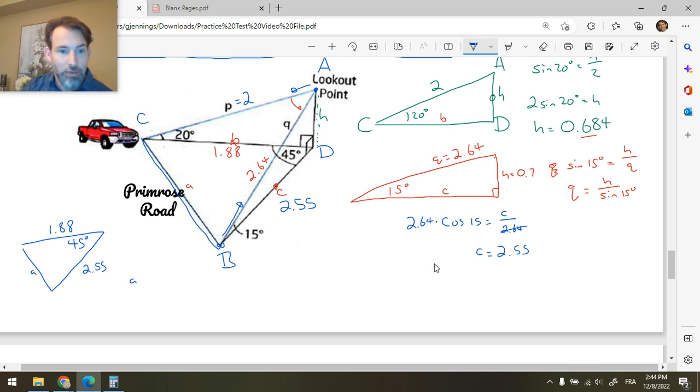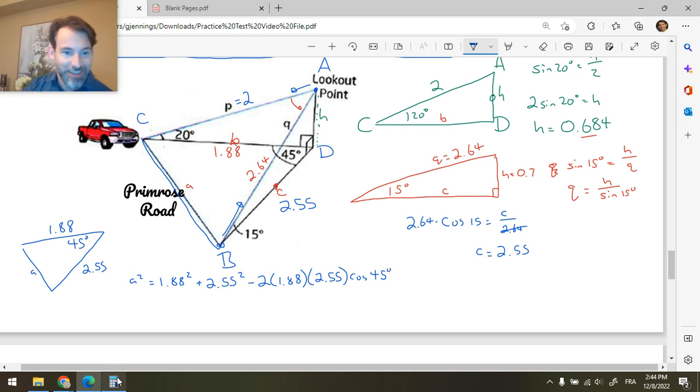So we'd write A squared is equal to 1.88 squared plus 2.55 squared minus 2 times 1.88 times 2.55 times cosine 45 degrees.